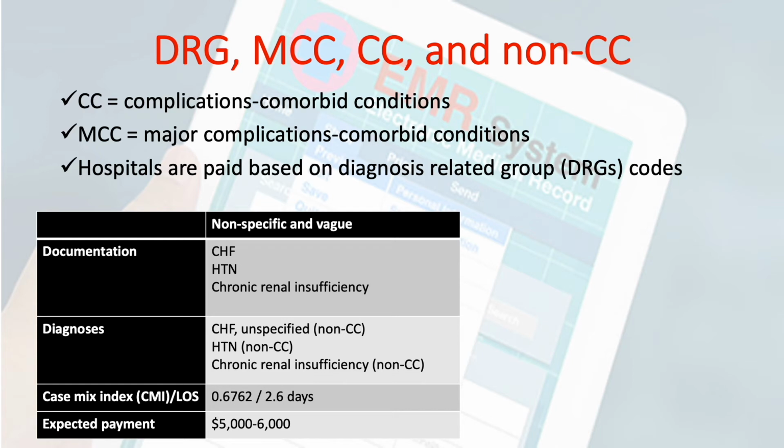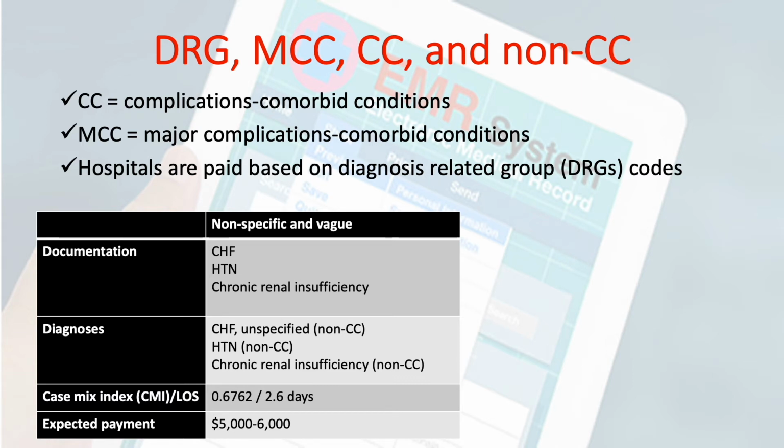And that will lead to what is known as the case mix index. The case mix index is a relative index that mainly Medicare uses to give a relative weight to each DRG, to reflect the severity and complications of these cases.